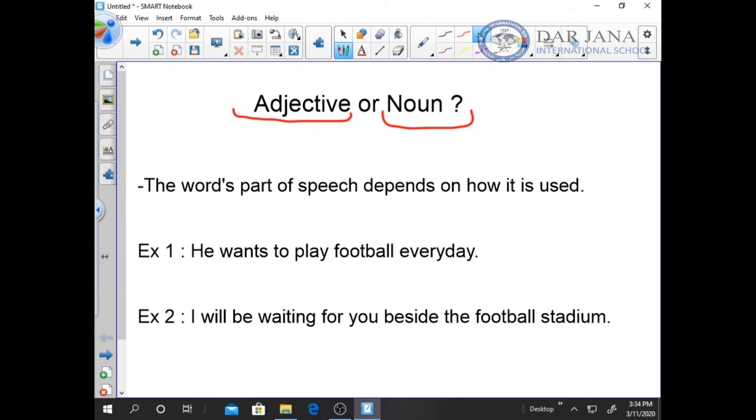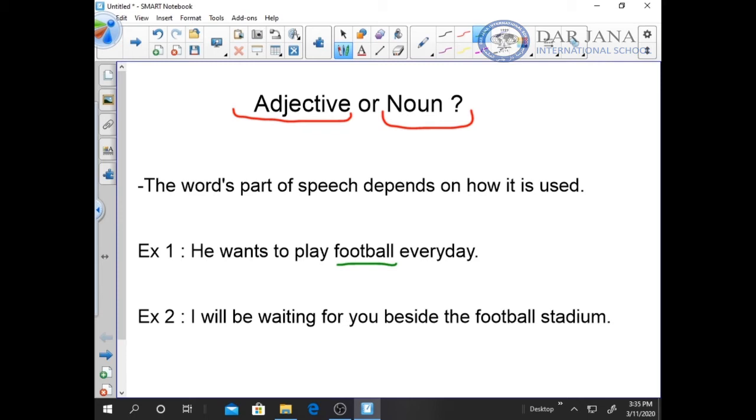He wants to play football every day. So here, the word football, is it an adjective or a noun? I will ask myself, is the word football here describing another word in the sentence, or is it the name of something? I will read the sentence again.